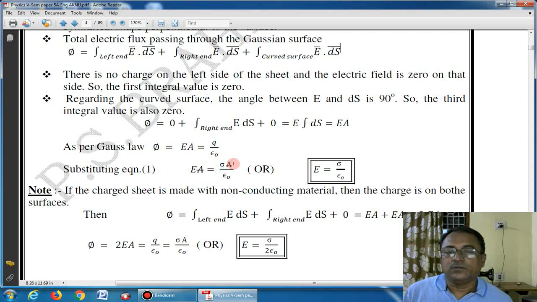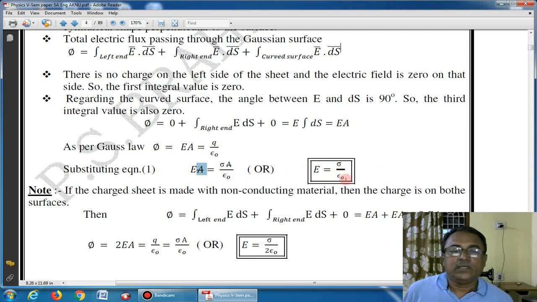Then the A on the right hand side and the A on the left hand side cancel, and E will be equal to sigma by epsilon naught.